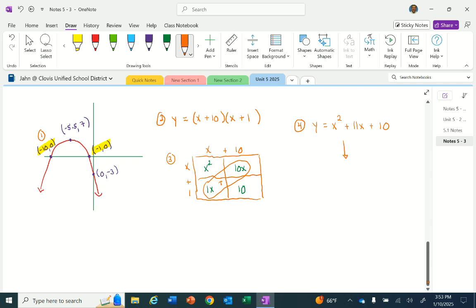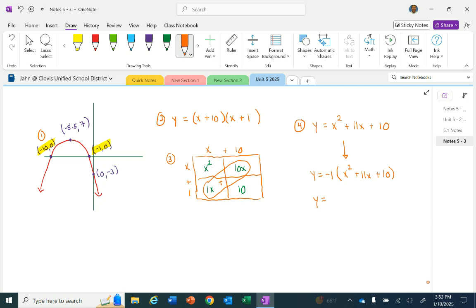This is what it is, and you do this step every time. You have to distribute a -1 into the equation. Whatever quadratic equation you get, you are going to have to distribute a -1 into that quadratic equation.